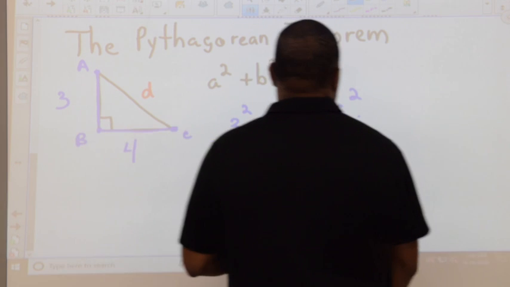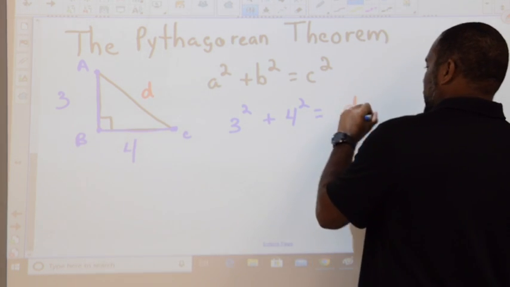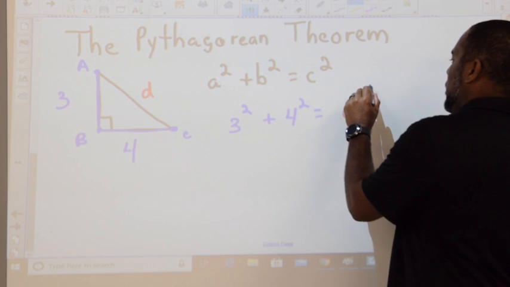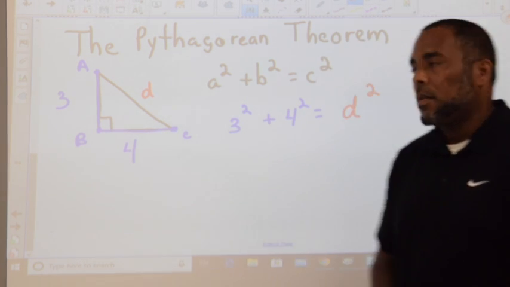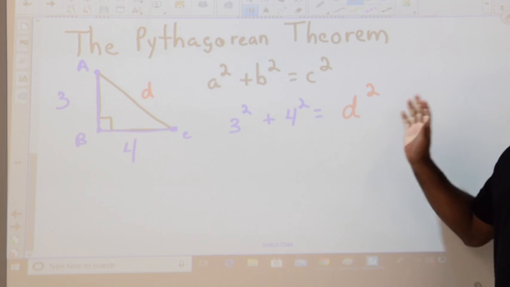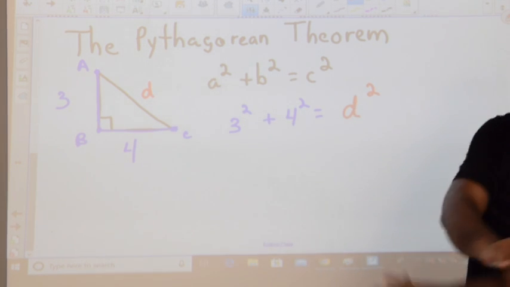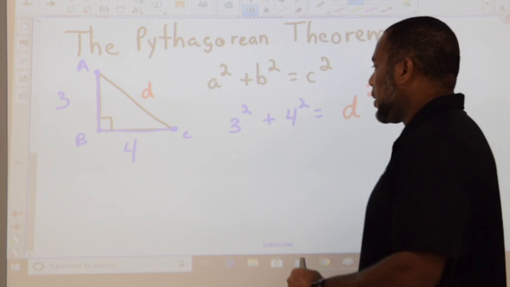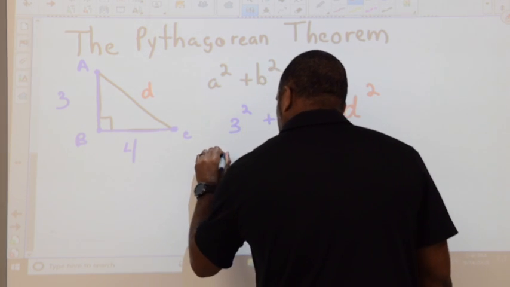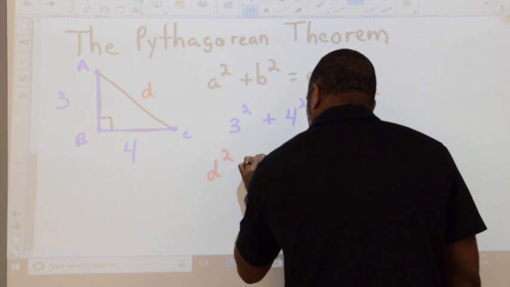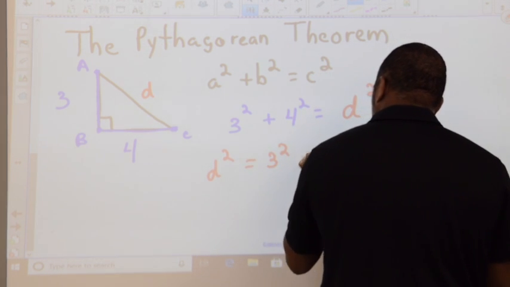Distance D squared, because a squared plus b squared equals c squared. I like my letters on the left-hand side, so I'm going to flip this around. Now I have D squared, my distance squared, is equal to 3 squared plus 4 squared.